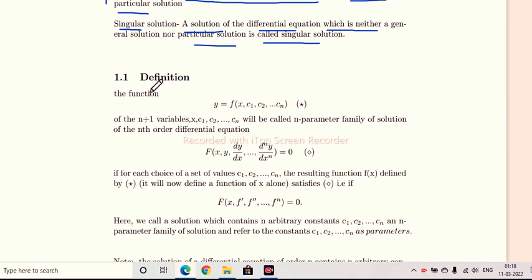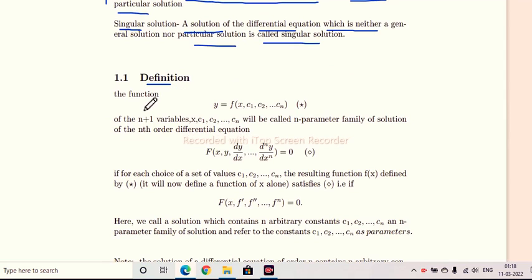Now next we move to definitions related to the above.